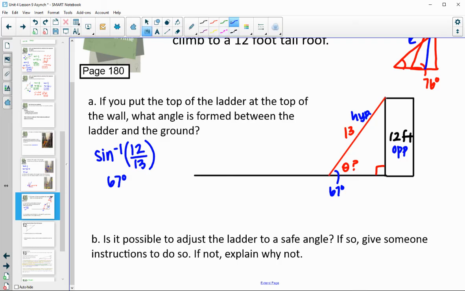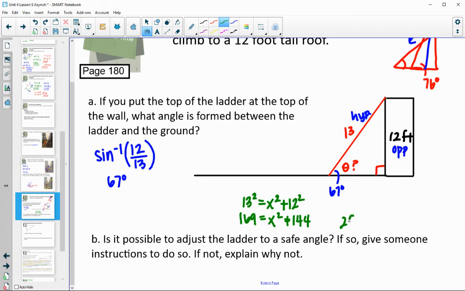So one thing we should probably figure out is where it is when it's farthest away, when the ladder is just hitting the top exactly. So you could do Pythagorean theorem to figure out 13 squared equals x squared plus 12 squared to figure out this base length here. So this is 169 equals x squared plus 144.